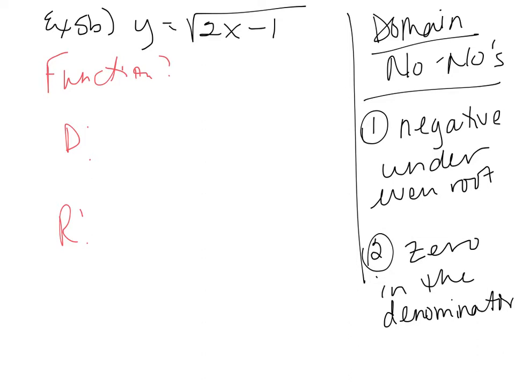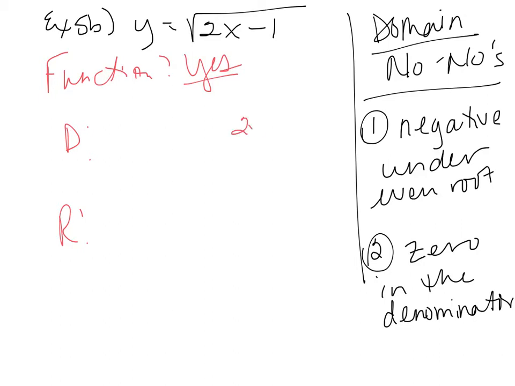My domain, so function, yes, check. My domain for this, okay. So if I can't have a negative under this, what's the smallest number possible to have underneath my radical? A 0, good. So I want to find the x value that's associated with the 0.